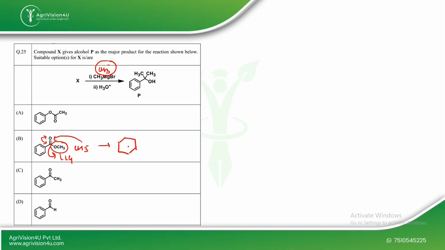Then the product will be this double bond oxygen CH3. Then again a CH3 minus unit will come and attack here, this bond will open up, and it will undergo hydrolysis. Once it undergoes the hydrolysis process, it will result in the formation of your OH, CH3 and CH3 unit, which means this is the correct option.